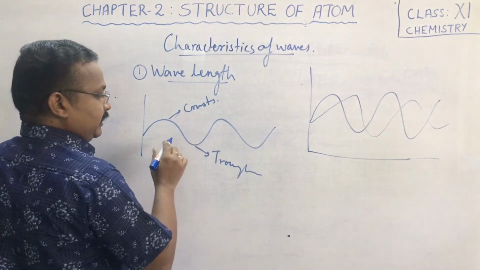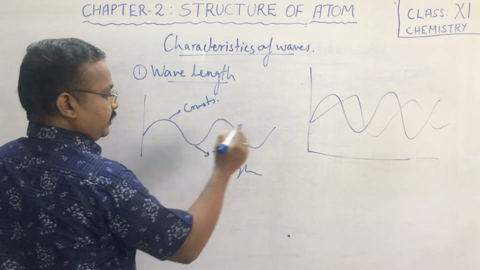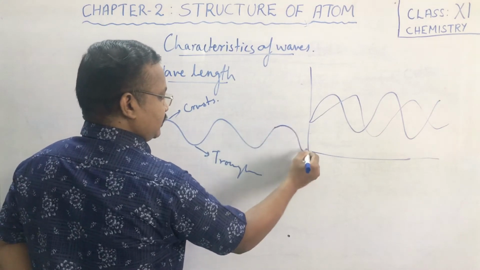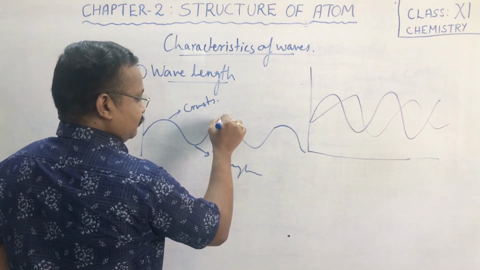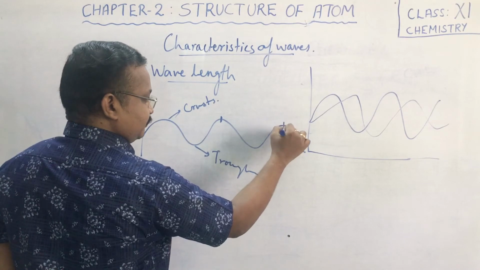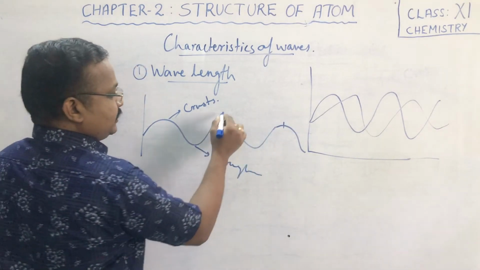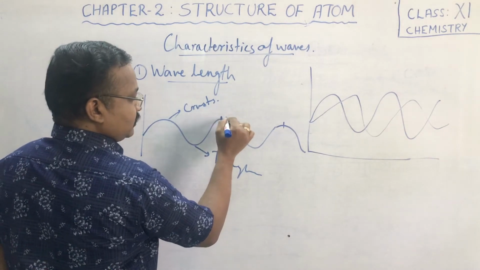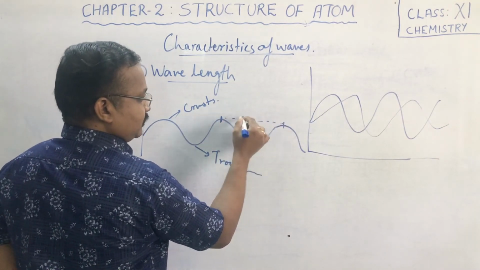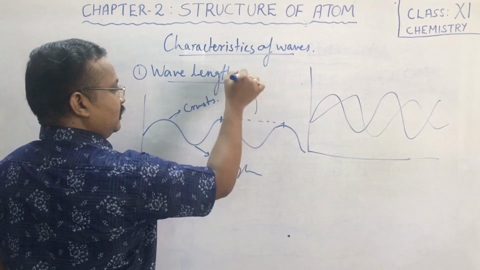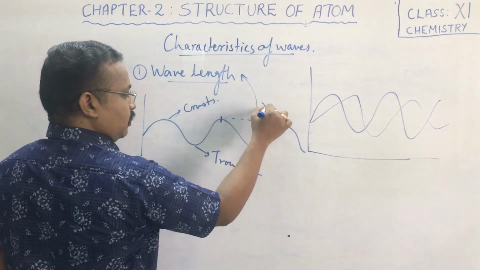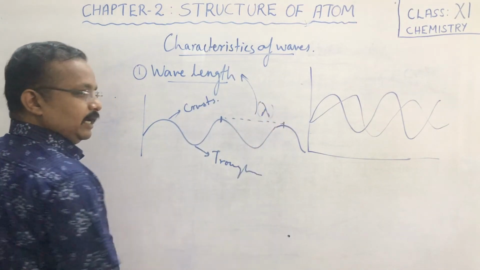If you consider from here to here, these are two crests, right? The distance from one crest to the other crest we call a wavelength, and it is represented as lambda.